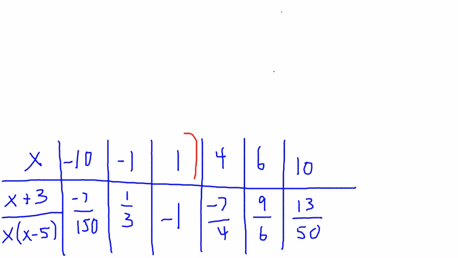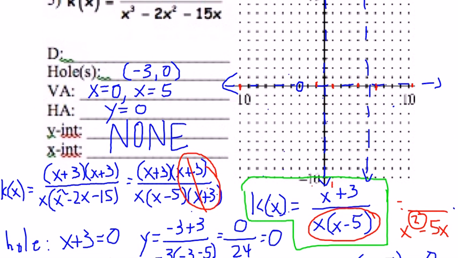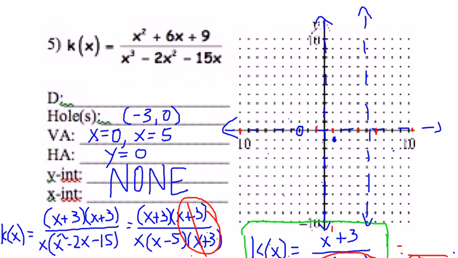So this is what my table looked like. I noticed this point 1, negative 1, so I'm going to go ahead and graph that. And then I'm going to talk through it logically from here. You know that the graph cannot cross the x-axis at all. So if you have this point, and you're going to hug the two asymptotes and you're not allowed to cross the x-axis, it has to look something like this.